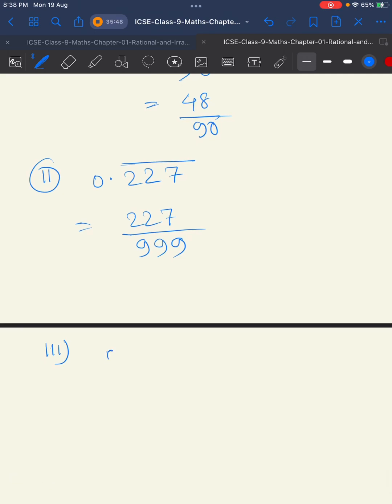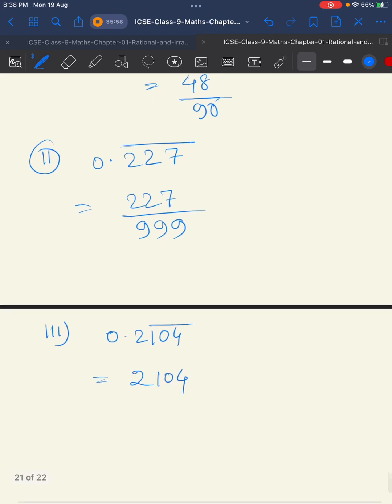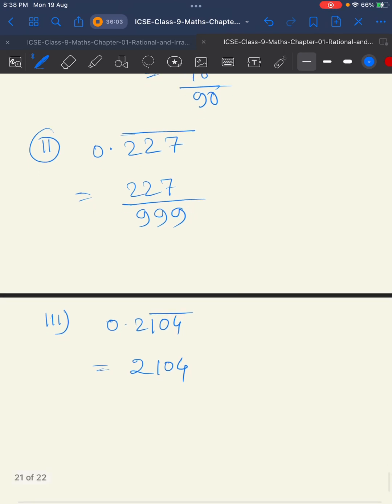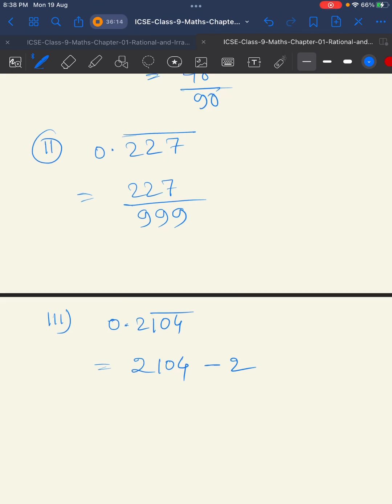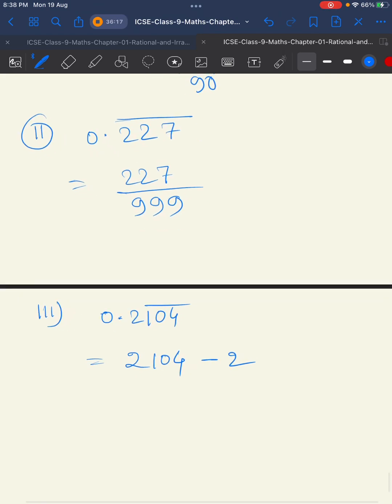Okay, now question number 3 is 0.2104. So here first we write 2104 as the digits. Then we write only the digits which have no bar, so that is 2. Then we subtract 2104 and 2.